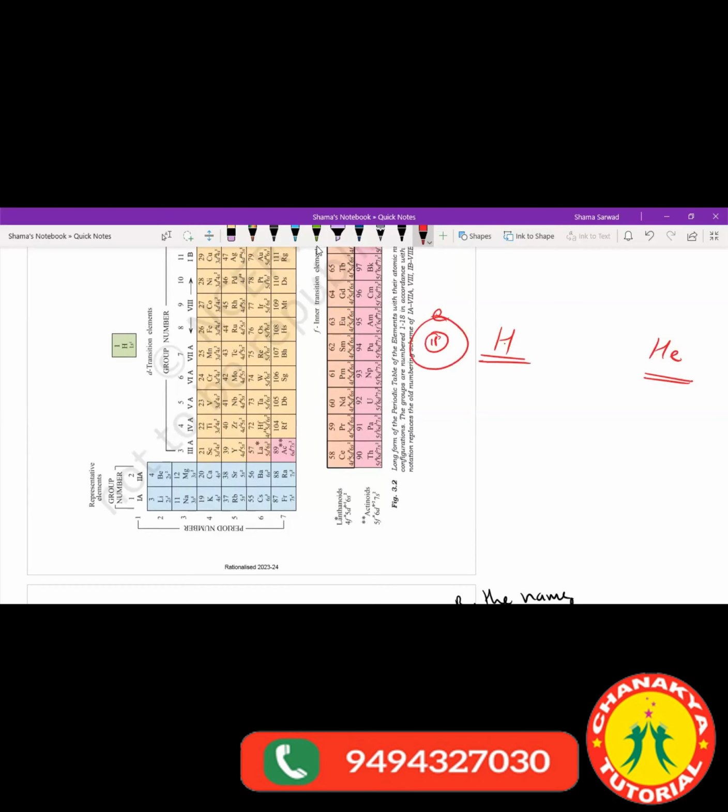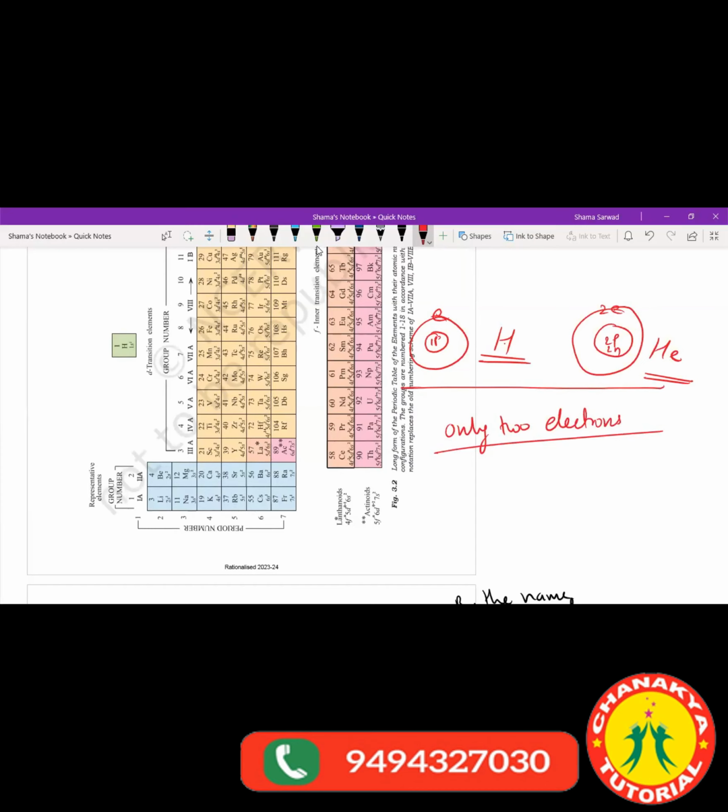And the second element in the same period would be helium, which consists of two protons, two neutrons in the nucleus, and two electrons revolving. Means the first energy level has a capacity to hold only two electrons, and those two electrons are filled into the first period when you move left to right in the periodic table.